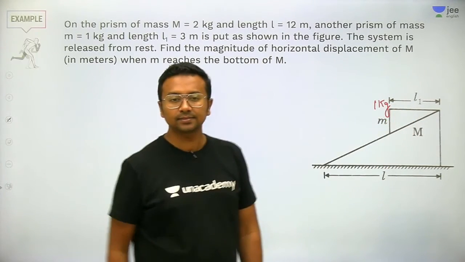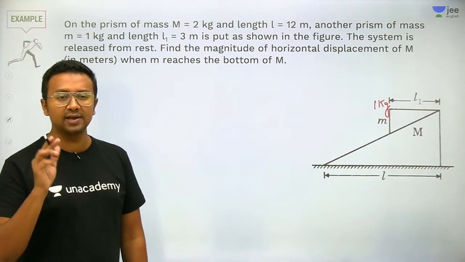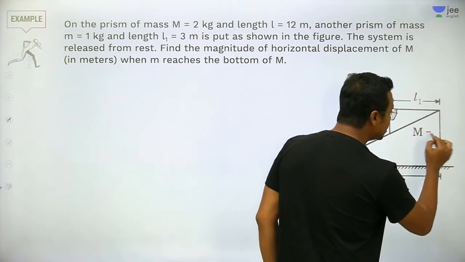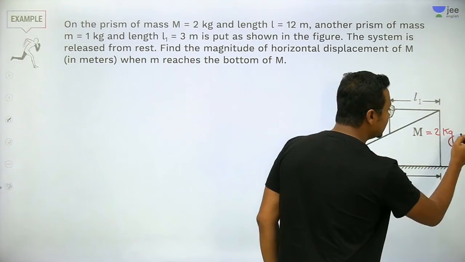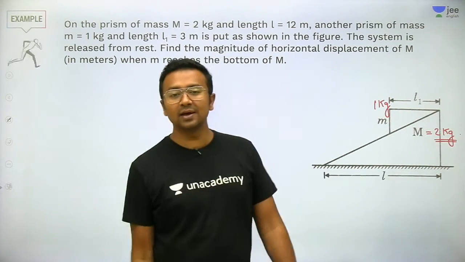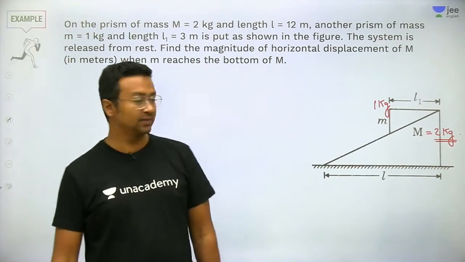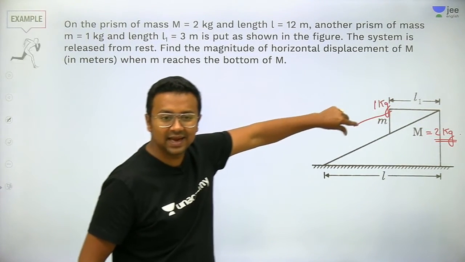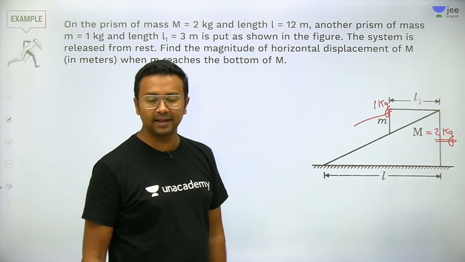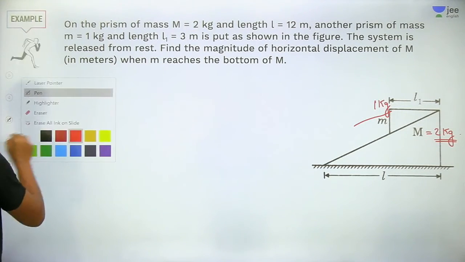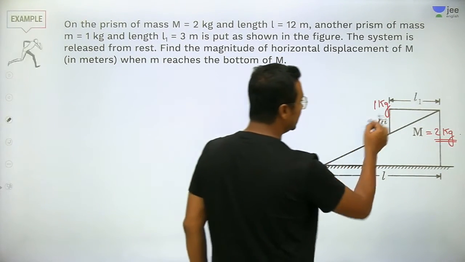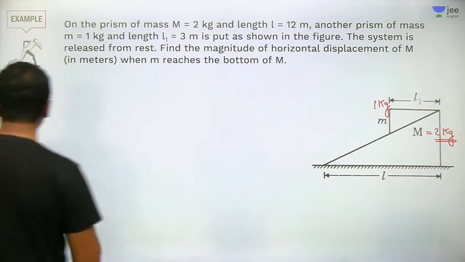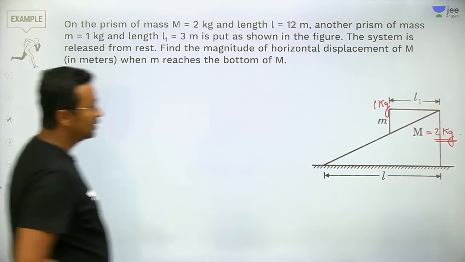This bigger one has a mass of 2 kg. This slides on this inclined plane. Clear? Now, as it slides, it comes down, and let's say in the future, it is somewhere out here.